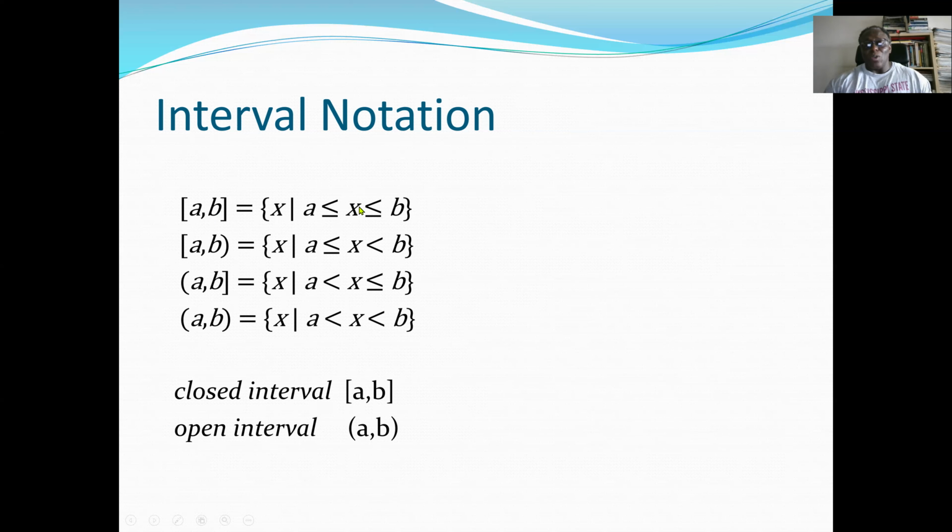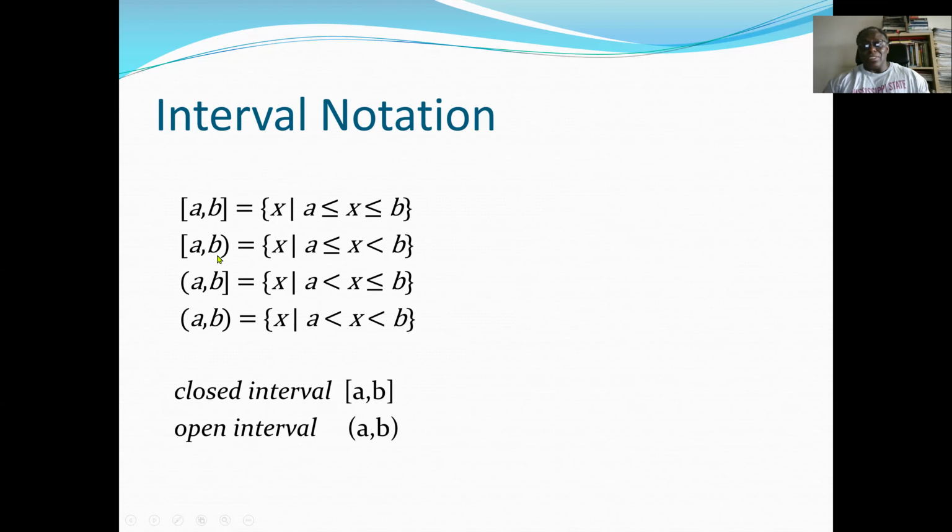So here we are using x as our element, with values less than or equal to B and greater than or equal to A. Next we have closed interval to the A, then open interval to the B.